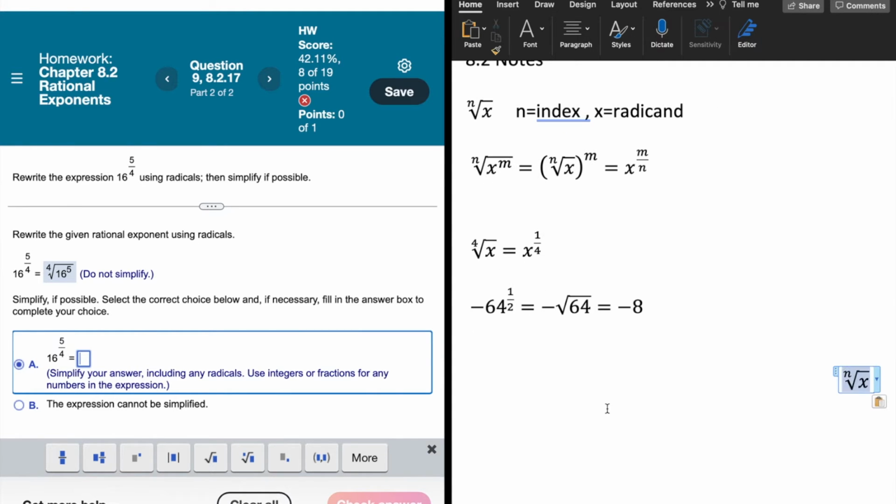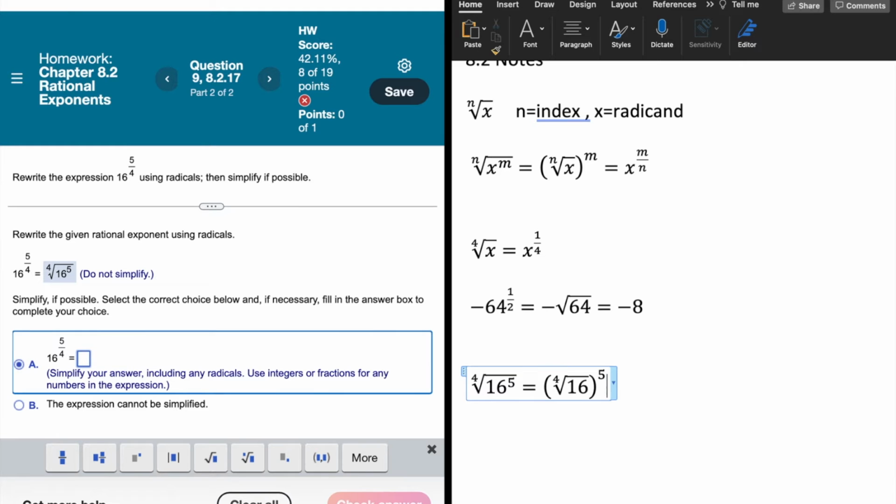Let's look at this one. If I've got the 4th root of 16 to the 5th power, for this example I'm going to use the rule that says I can switch the order of that. In other words, I want to look at it like this.